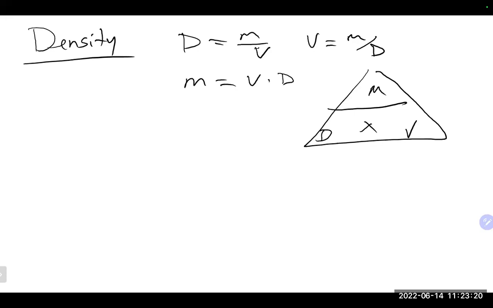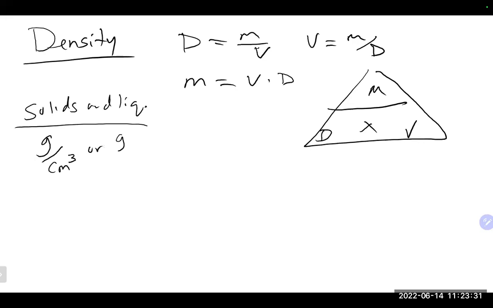Typical units for density for solids and liquids are grams per cubic centimeter or grams per milliliter. Again, a cubic centimeter and a milliliter are the same. For gases, we actually see density values given in grams per liter, and we'll see that when we get to the gas chapter.